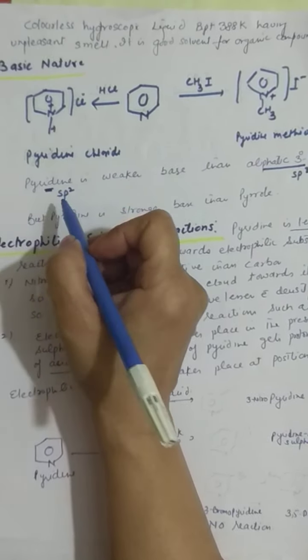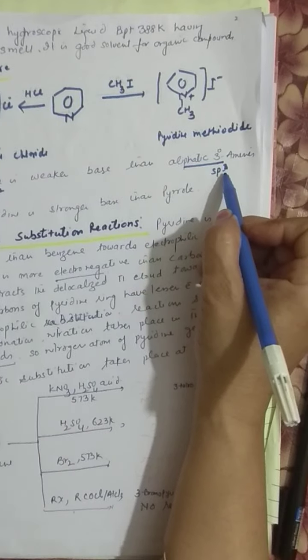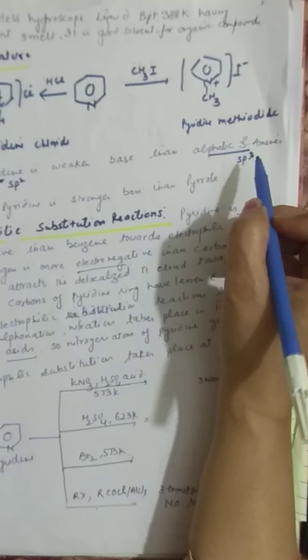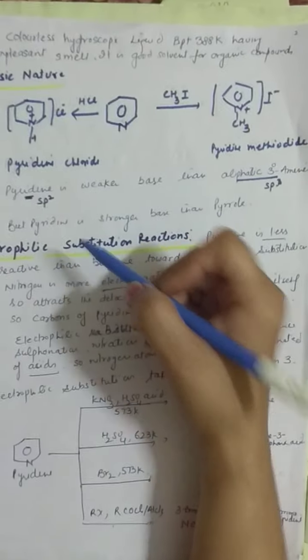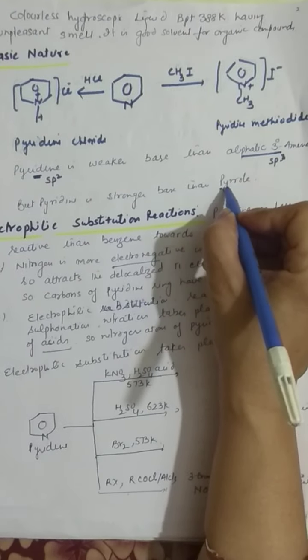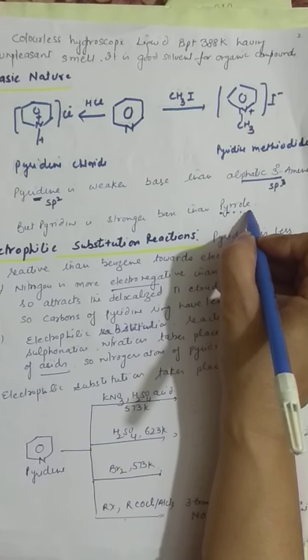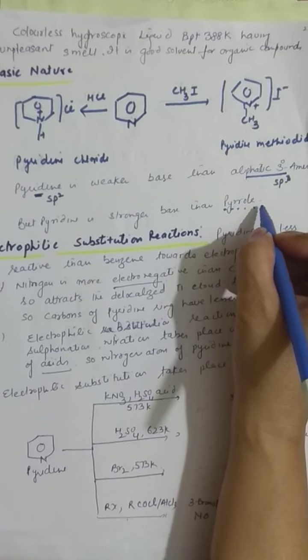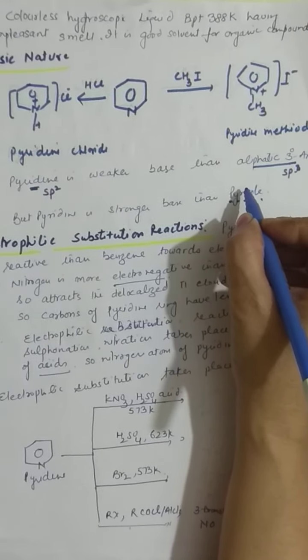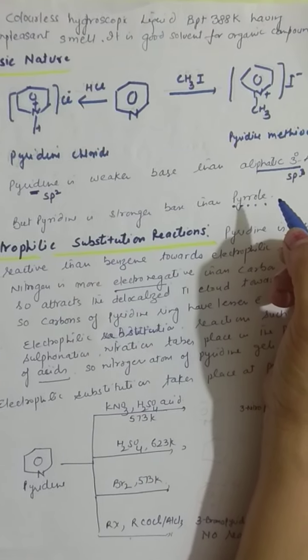So it is not available for donation, whereas sp3 nitrogen is less electronegative and can easily donate the electron pair. So it is a stronger base than pyridine. But pyridine is a stronger base than pyrrole, because in pyrrole, the lone pair of electrons is not available. It is used in the delocalization of the pi electron cloud.